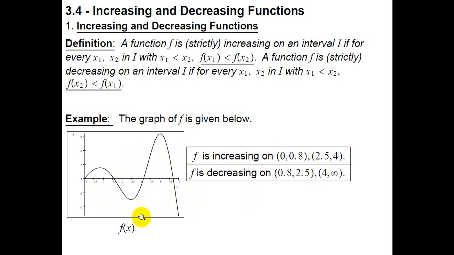We can also explain the decreasing property of this curve. f is decreasing on 0.8 to 2.5, and again it is also decreasing from 4 to infinity. So this is a graphical overview of increasing and decreasing functions.